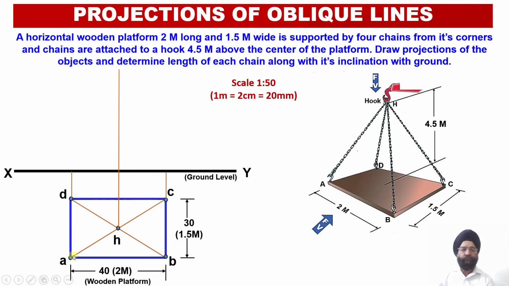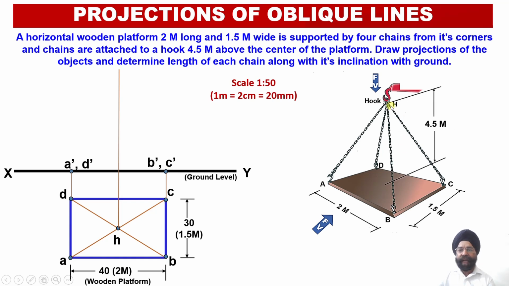So if we look from this particular orientation, we are going to get projections corresponding to A and D, that is A dash and D dash, lying over here onto this reference line. Similarly, projections of points B and C will be available with us onto the ground, that is onto the XY reference line over here.